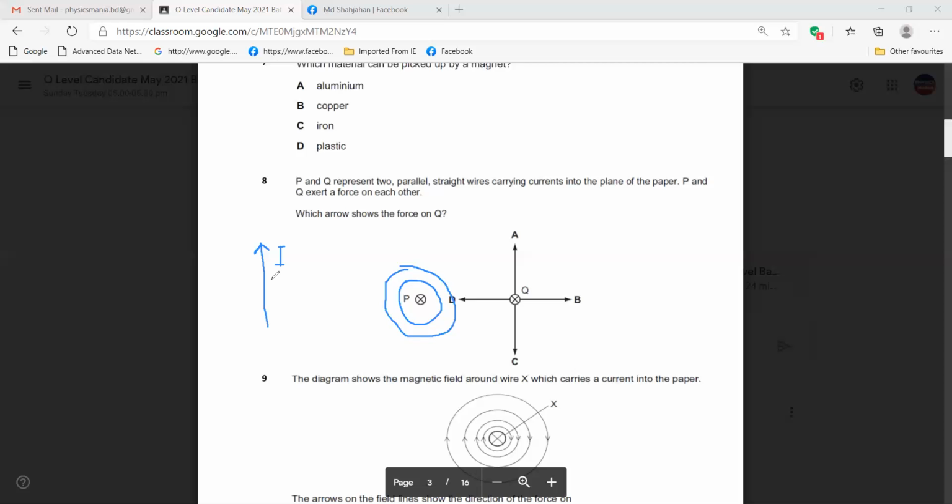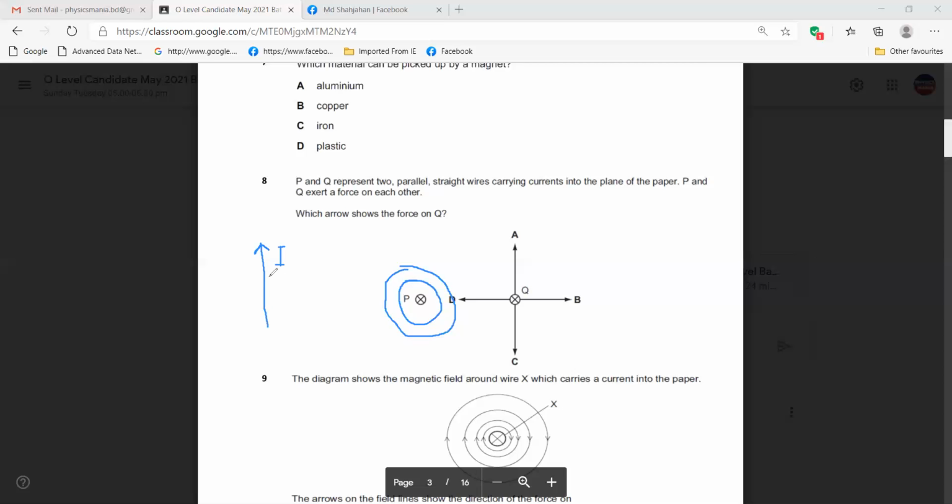Now, for example, we are thinking that the current is going upwards. You did not get the right hand grip rule? Yes, sir, I kind of got it. So in the right hand grip rule, you got the diagram, the current direction, and the magnetic field lines, right? If the current is going upwards, then your other fingers, other than the thumb, are showing you the direction of magnetic field lines.